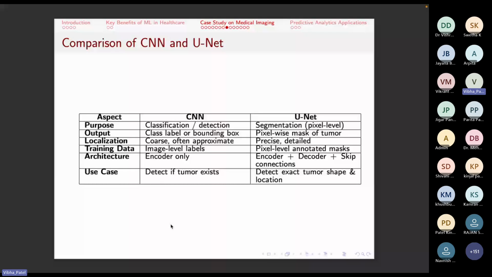In U-Net, you use encoder, decoder, and skip connections. CNN can be used for tumor detection, whether a tumor exists or not, and one can think of using U-Net for detecting exact tumor shape and location, which in turn helps us to categorize it precisely towards the three categories that we have seen.